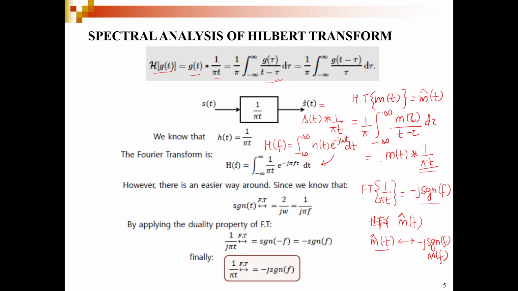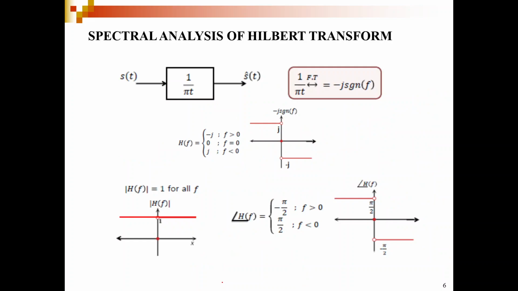Since this particular Fourier representation is the spectral representation of the Hilbert transform, its time representation would be just 1 over pi t. Now using this, we have also seen the representation of the spectral component of the Hilbert transform as a magnitude response as well as a phase response.